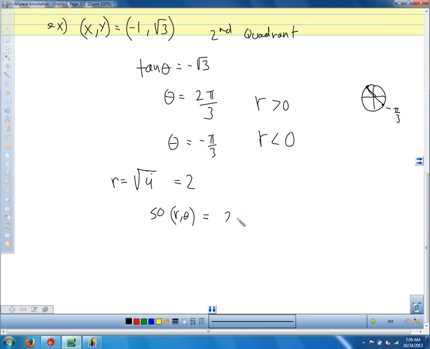We could have (2, 2 pi over 3) or (negative 2, negative pi over 3). And any coterminal angle with these two would give us the same points.